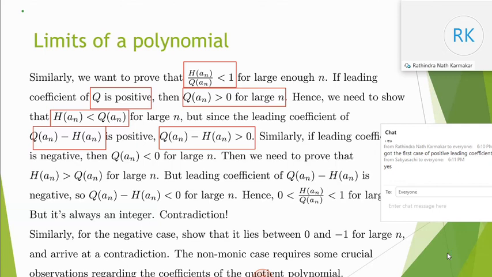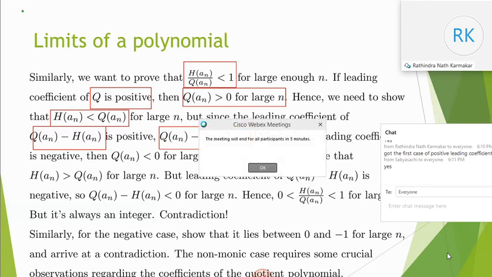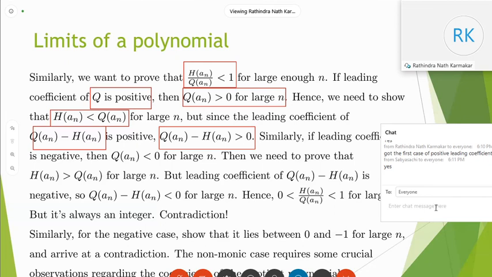That's why q of an will be greater than 0 for large n. Hence, just multiplying q of n both sides, we have to show that h of n is less than q of n for large n. But then consider the polynomial q of n minus h of n, whose leading coefficient is same as the leading coefficient of q, and hence positive. So again, from the theory of limits, we see that for large n, since an is very large, that's why q of n minus h of n will be positive.